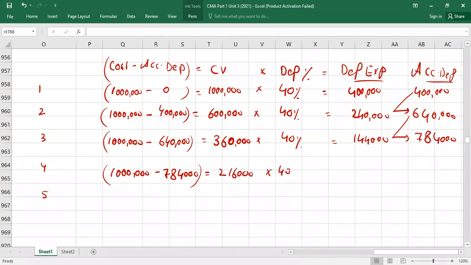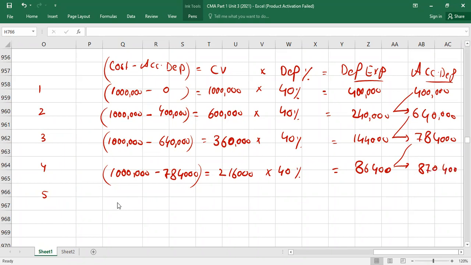216,000 times 40%. How much? 86,400. What is the total accumulated now? 870,400.